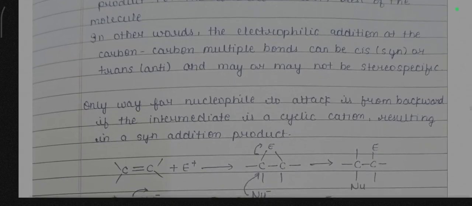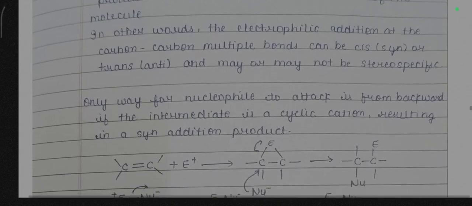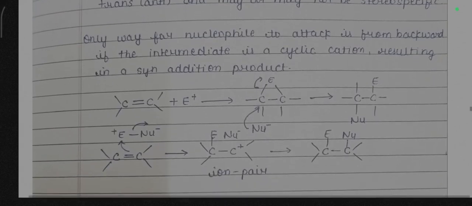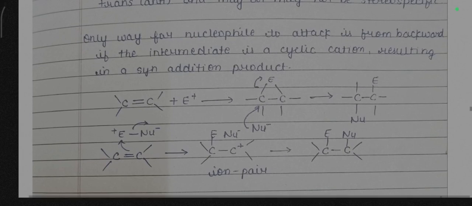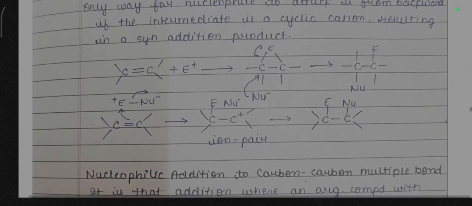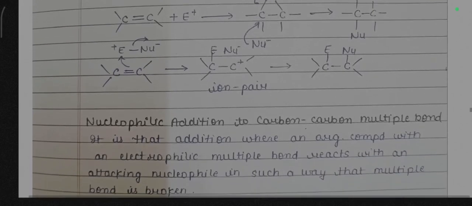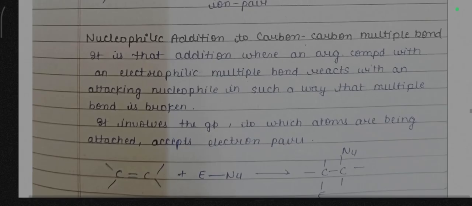In other words, the electrophilic addition at carbon-carbon multiple bonds can be cis, syn or trans, anti and may or may not be stereospecific. The only way for the nucleophile to attack is from the backside if the intermediate is a cyclic cation, resulting in an anti addition product.